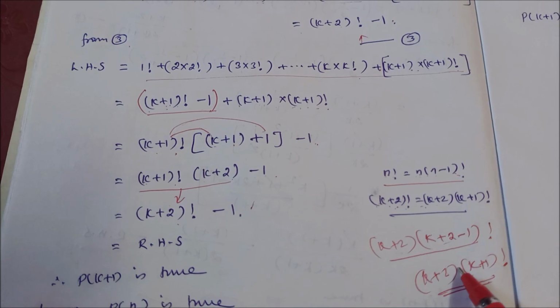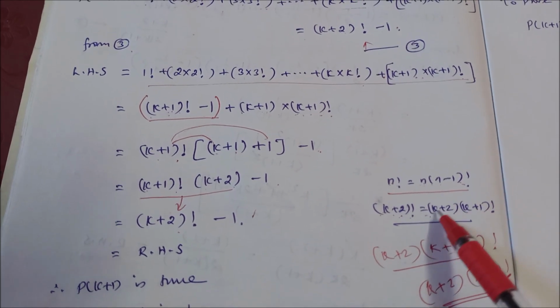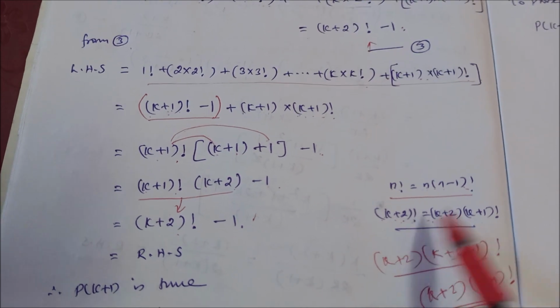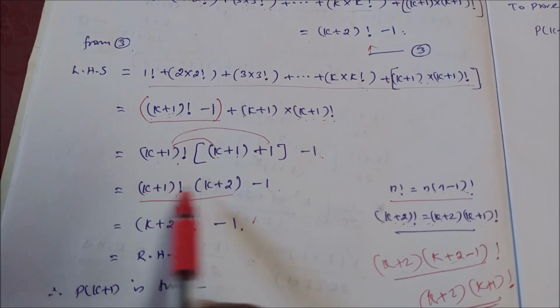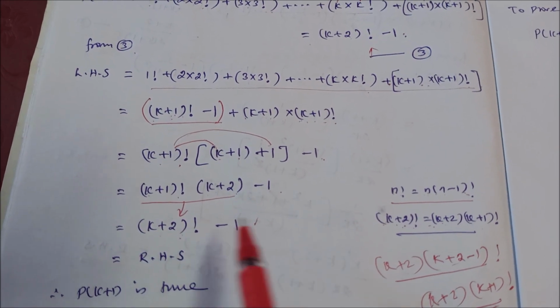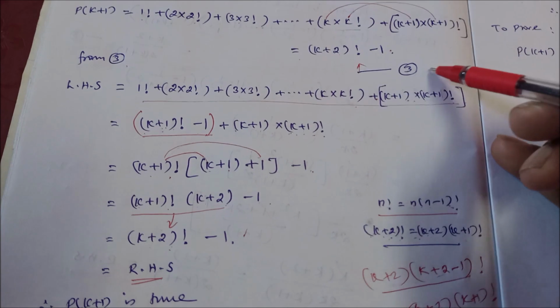So (k plus 2) into (k plus 1) factorial is equal to (k plus 2) factorial. So both the terms, (k plus 2) into (k plus 1) factorial, equal (k plus 2) factorial minus 1, which is the RHS term of the third equation.